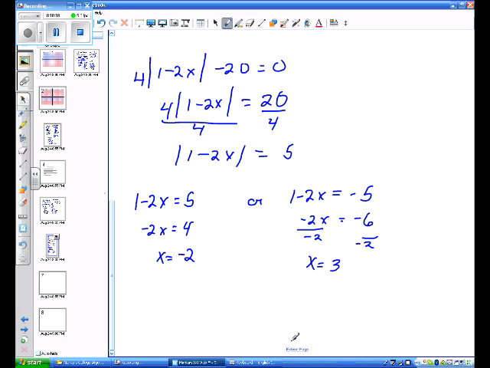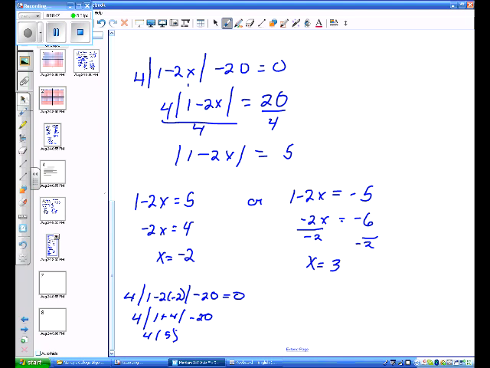Okay, we wanted to check these. Now when we check it, we always go back and substitute back into the original. So what we would have here would be 4 times the absolute value of 1 minus 2 times negative 2, minus 20 equals 0. Well, that gives us 1 plus 4, which would be 4 times the absolute value of 5.